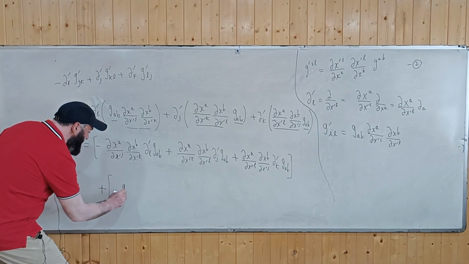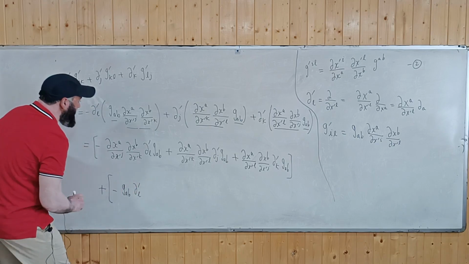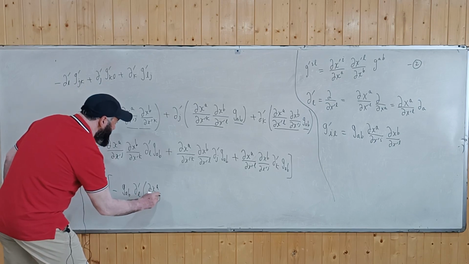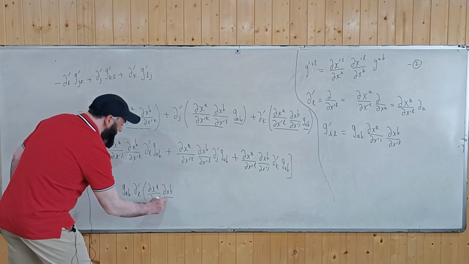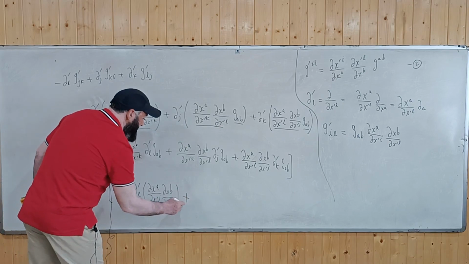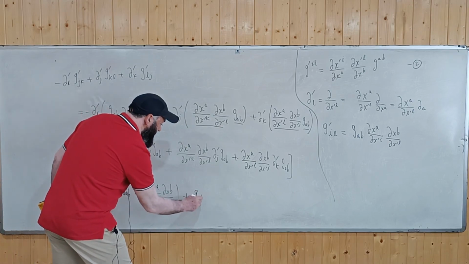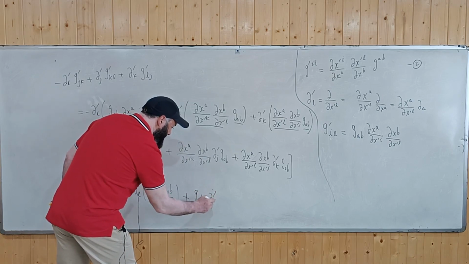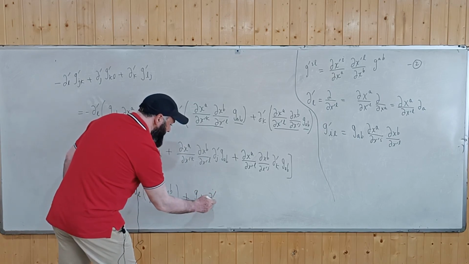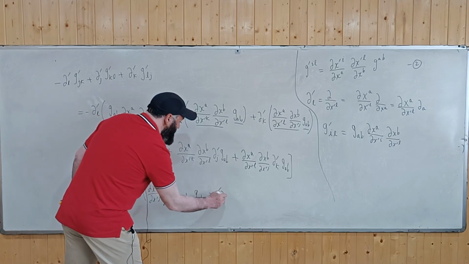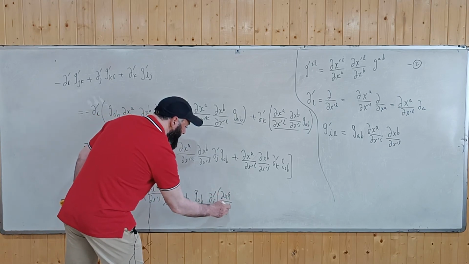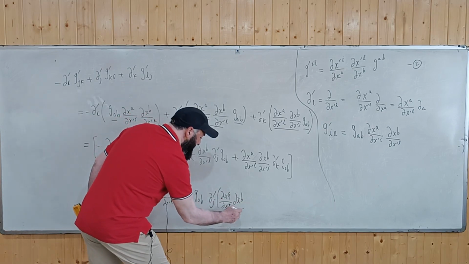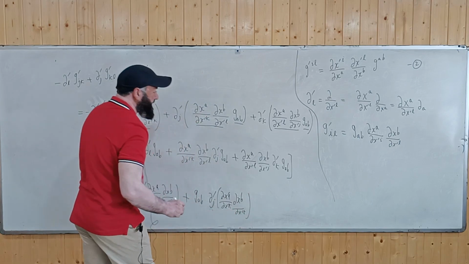Minus GAB will come out. Then the differentiation of partial prime L, okay, partial XA by partial X prime J, partial XB by partial X prime K. Then you are having plus GAB partial prime J. Then you are having this partial XA by partial X prime K. Then, just to remember, keep track of these indices, it's very important.